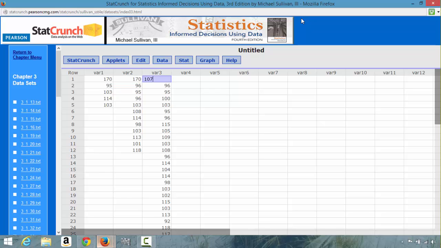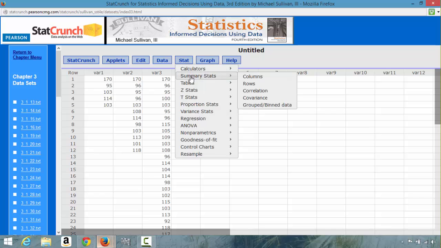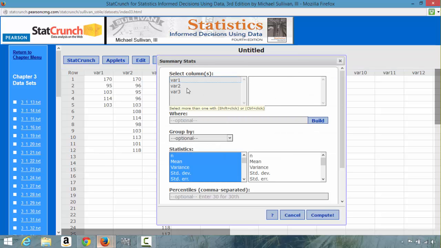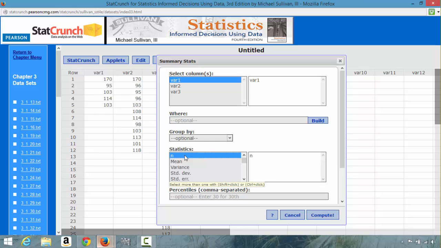So if you do that, we do this again: summary stats, columns, variable 1, and you recalculate this, hold your control key, mean and median, compute.